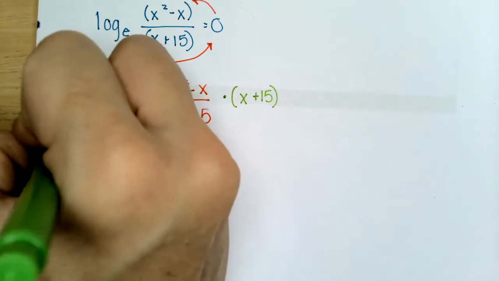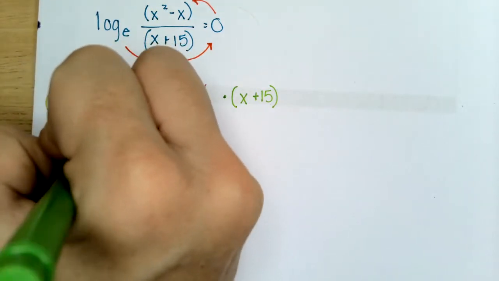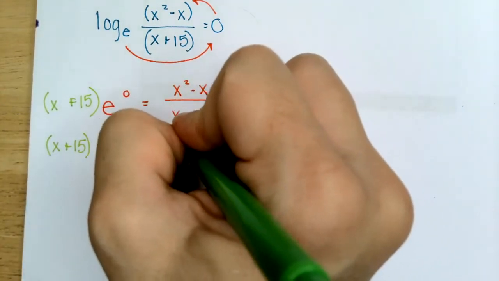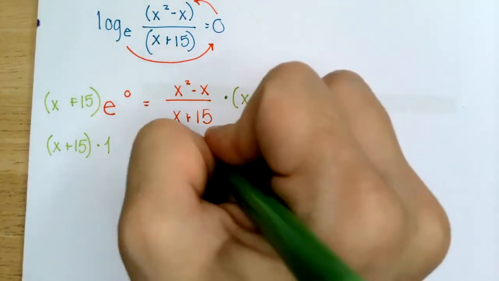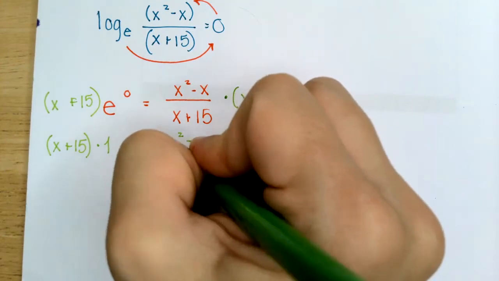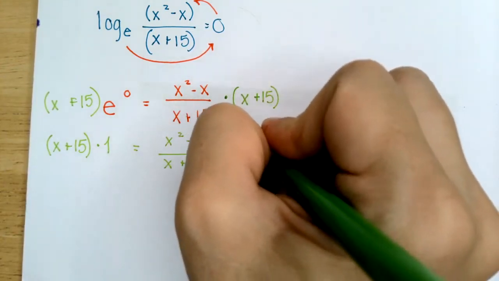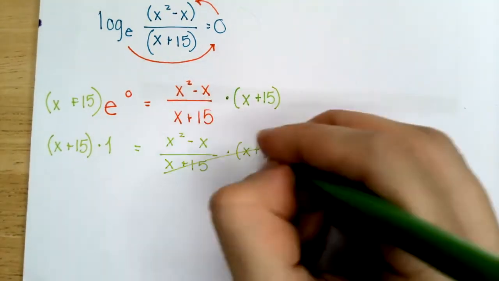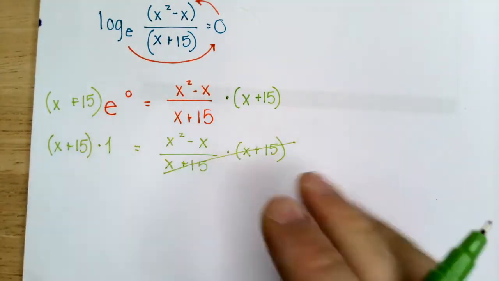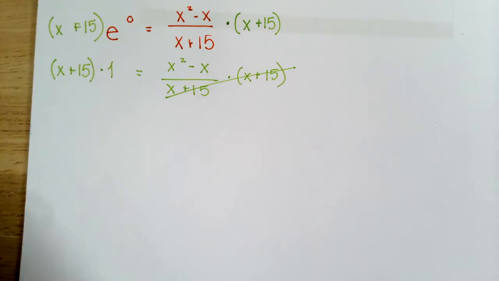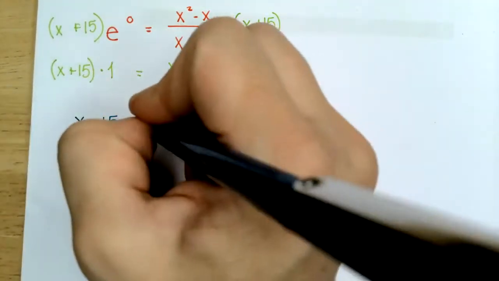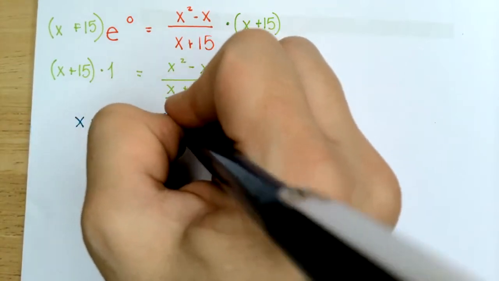I'll rewrite that as x plus 15 times 1 equals x squared minus x over x plus 15 times x plus 15. So just so we're clear, that is a 1. These two cancel each other out. We are left with x plus 15 equals x squared minus x.